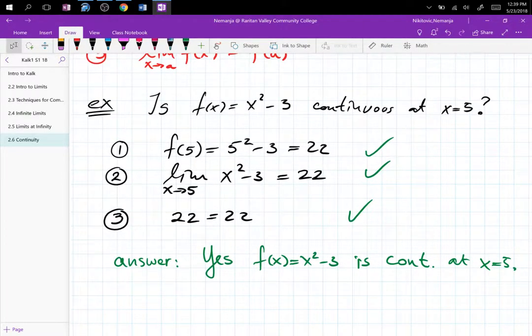Now, replace that x squared minus 3 with e to the x squared, with sine x, with 1 over x squared plus 2. Again, I can't do every single function, the square root function, the rational function, the exponential function, the logarithmic function, right?